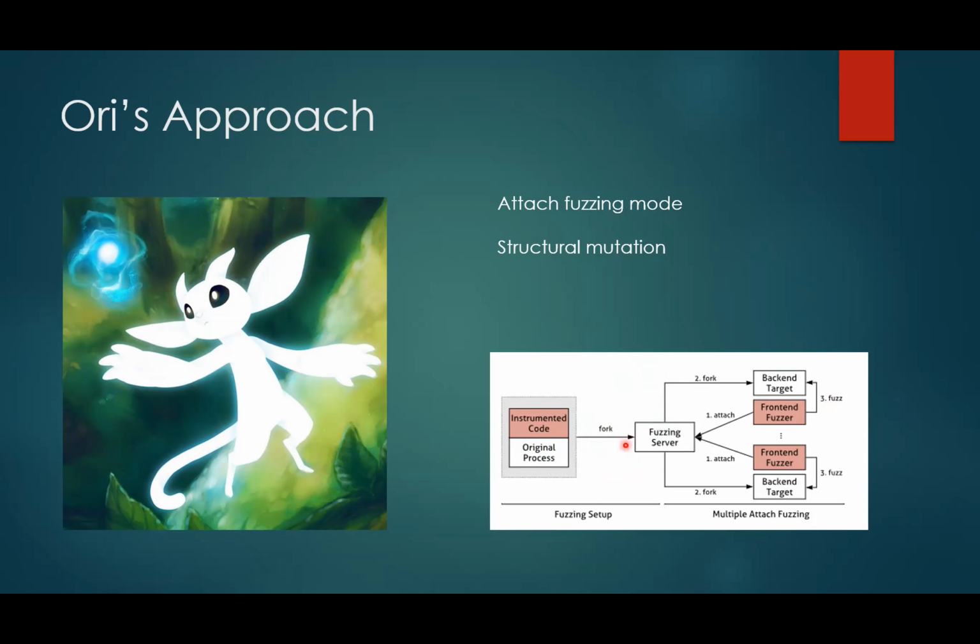In ORI, the original program can run independently, and after it starts, it will run into a state called fuzzing server, because we instrumented some code into the original program. This fuzzing server can fork new test processes for the fuzzer to play with.